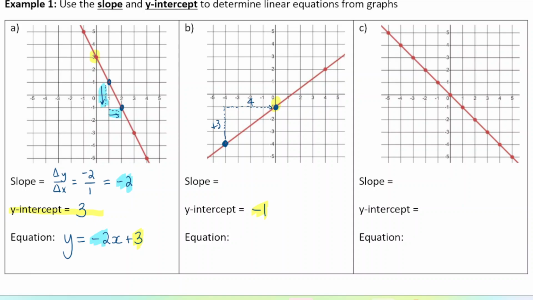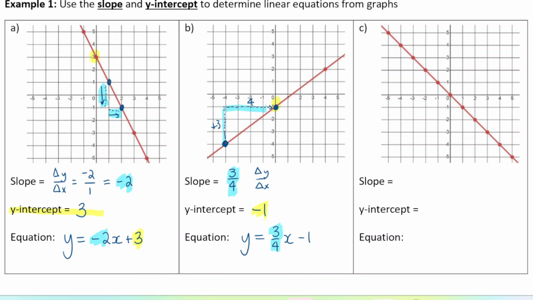So my slope would be 3 over 4. Change in y over change in x. Because I counted up, it's going to be a positive slope. Always count in the direction you read, from left to right. Okay, so then my equation is going to be y equals 3 over 4 x minus 1.